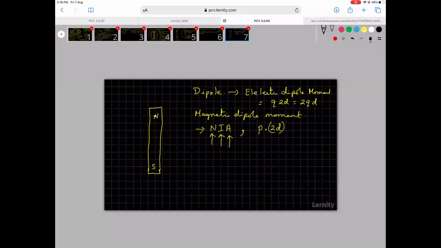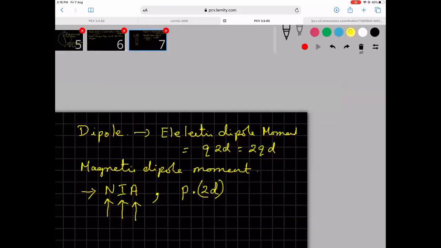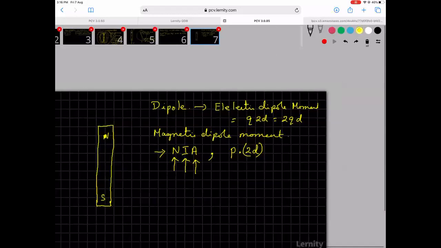I will say that there is a pole here which we will call the North Pole, and a pole here which we will call the South Pole. It's an assumption. If the pole strength is P, then pole strength into 2d is equal to the magnetic moment.